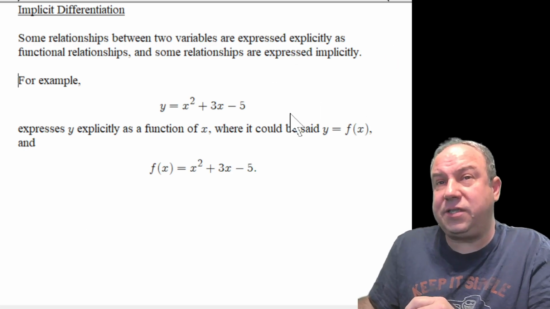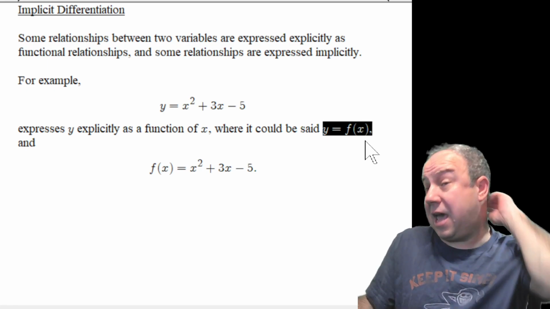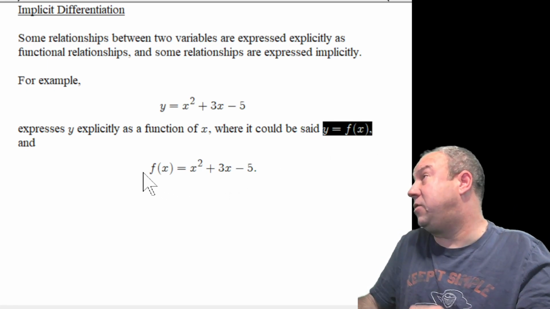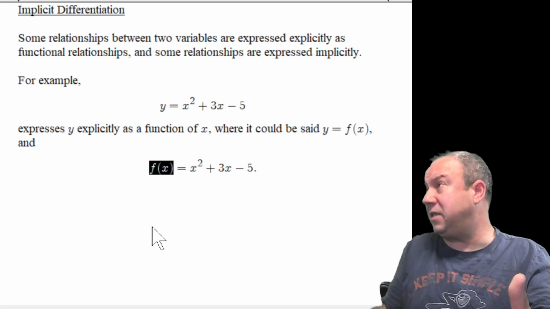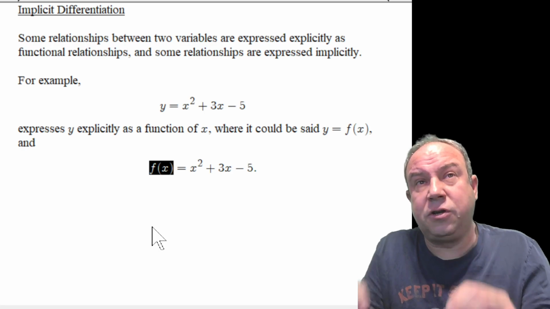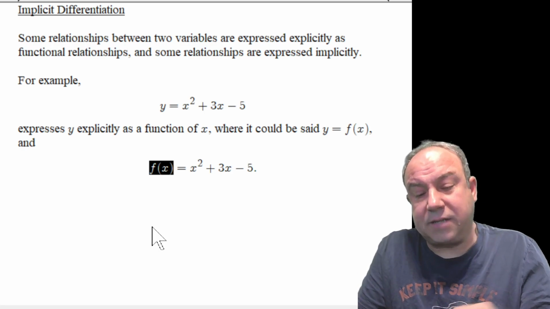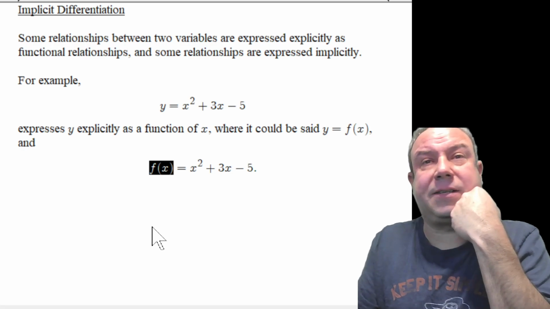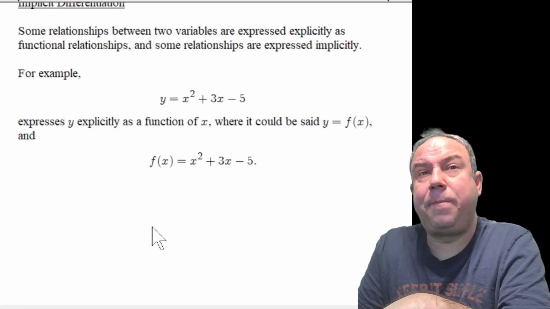And we could say in this particular case that y is equal to f of x. And we can substitute f of x into that equation for y and express explicitly this quadratic behavior as the functional behavior for the quadratic function, where we can say that this is all equal to f of x. This is an example of an explicit function.